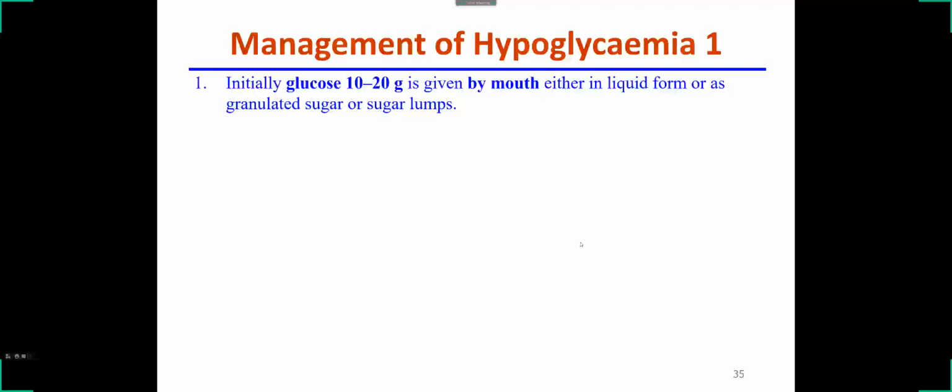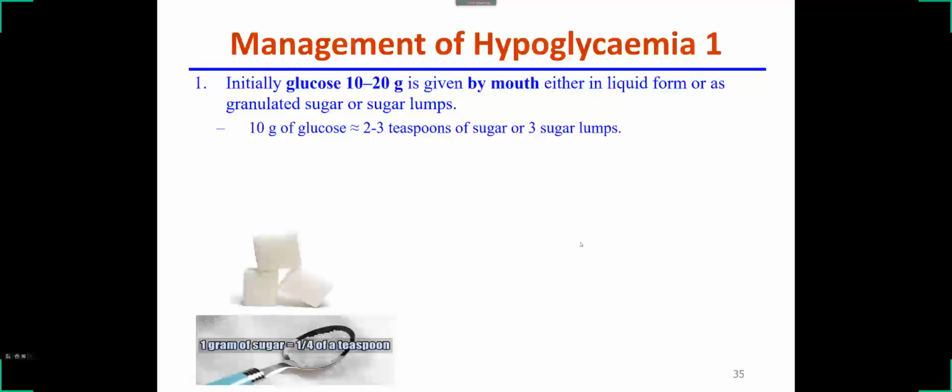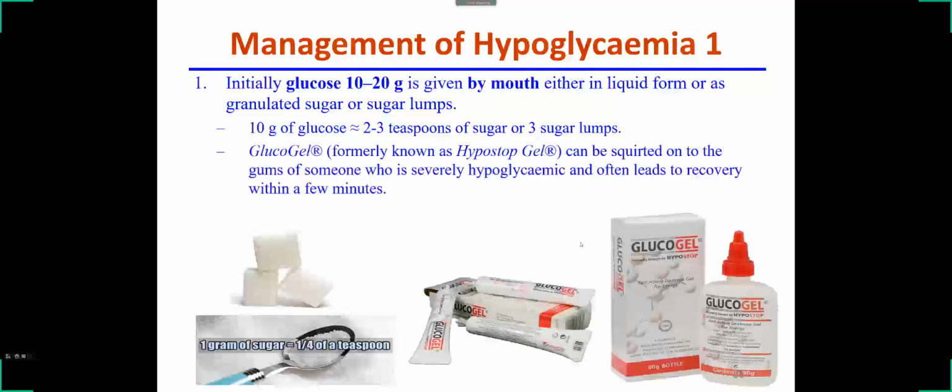So how do you manage hypoglycemia? At first, you give initial glucose by mouth, either in liquid form or as sugar. Roughly 10 grams of glucose, basically a teaspoon or so.